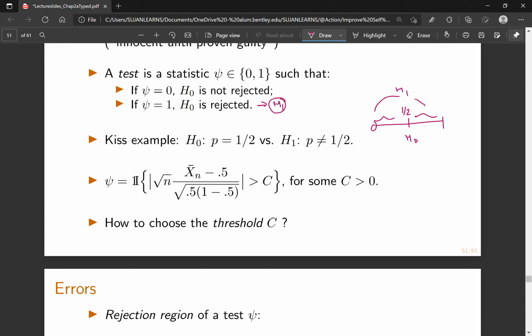Therefore, we need to divide by the square root of 0.5 multiplied by 1 minus 0.5, divided by n, and divide X bar n minus 0.5 by all of that. In this way, we have normalized our test statistic so that we can use the standard normal table.